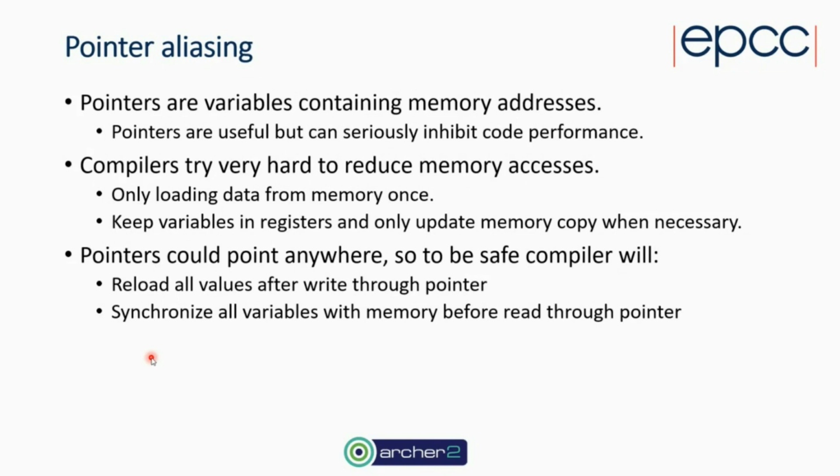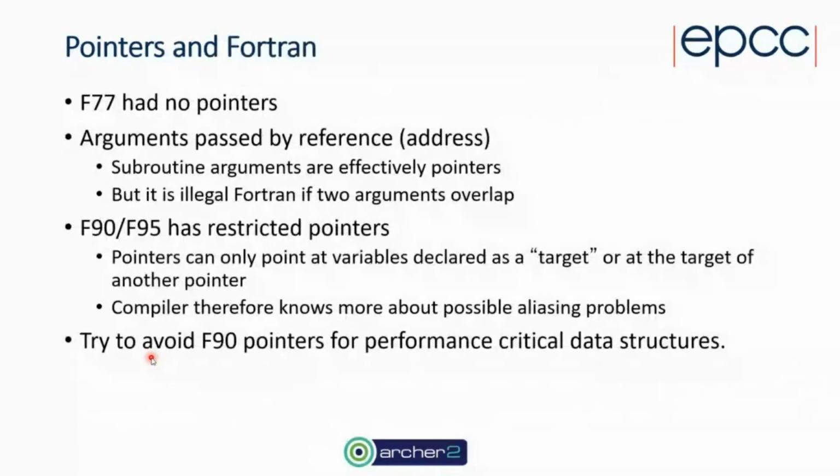So to be safe, the compiler will reload all values after a write for a pointer and synchronize all variables with memory before reading through a pointer. That means either the compiler won't do optimizations, or it will add extra instructions to your code that you don't really need, because it thinks the pointers might be doing bad things. In general, Fortran doesn't have pointers, but there are some places where you can use them.